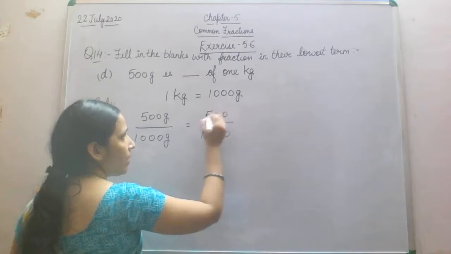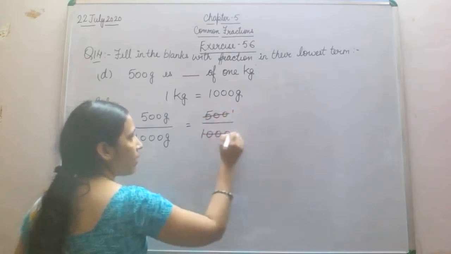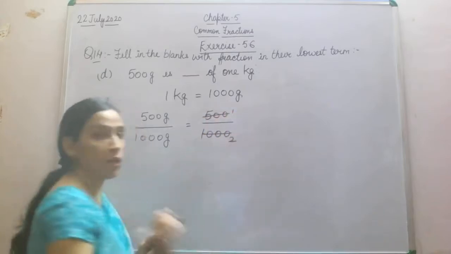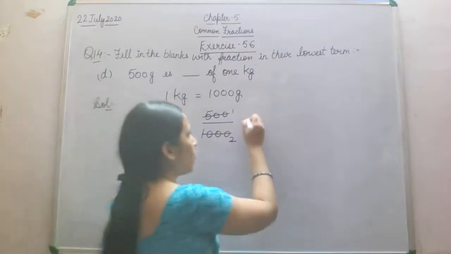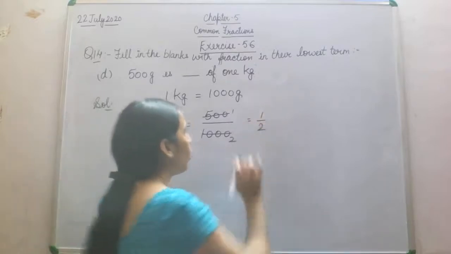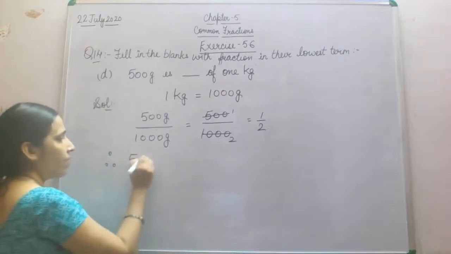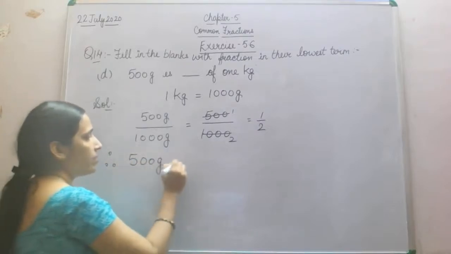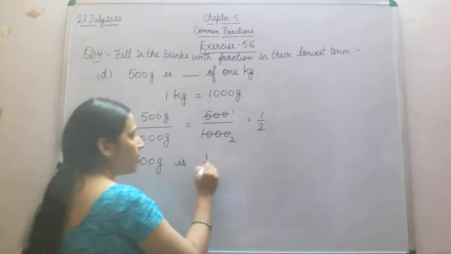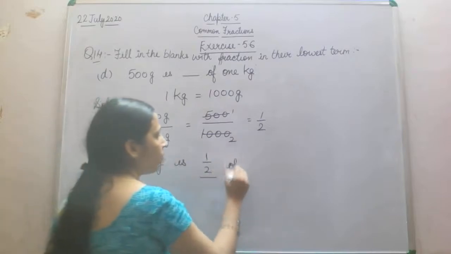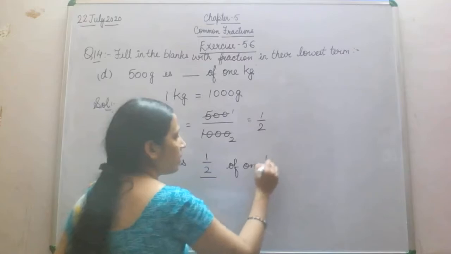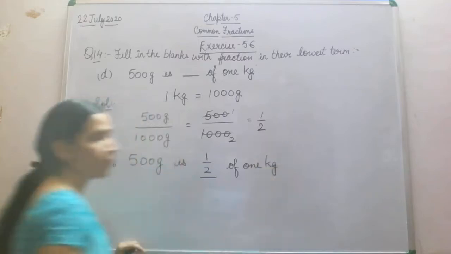So 500 ones are 500 and 500 twos are 1000. So you will get 1 by 2. Therefore 500 gram is 1 by 2 of 1 kg.